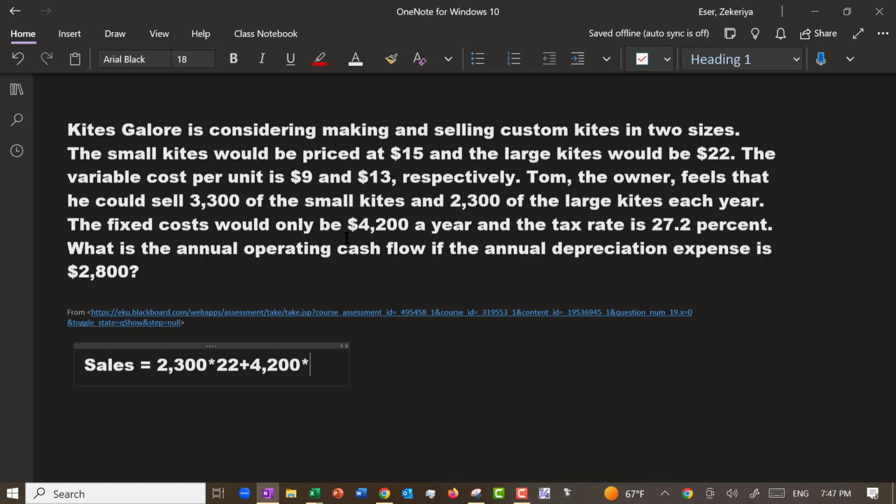It costs $13 to make the big ones and $9 to make the small ones. The rest we know.